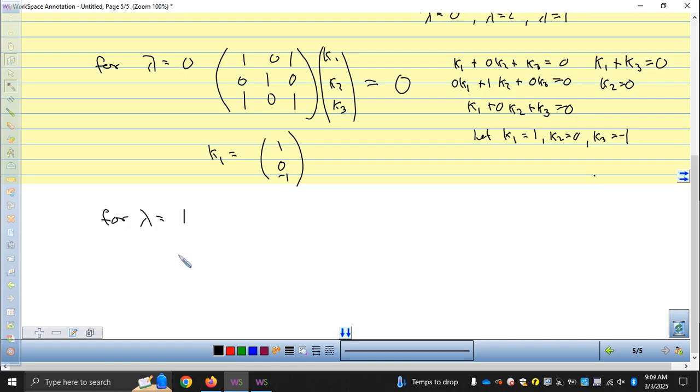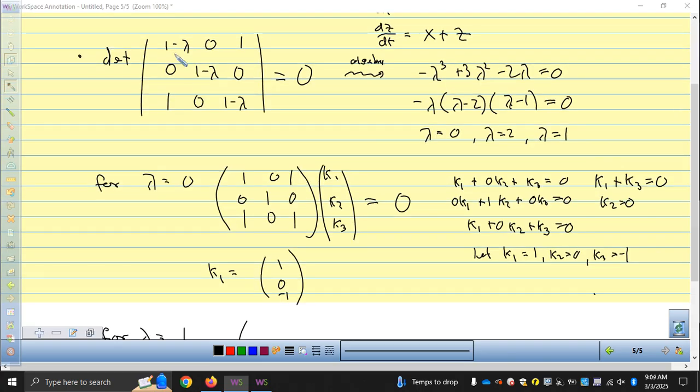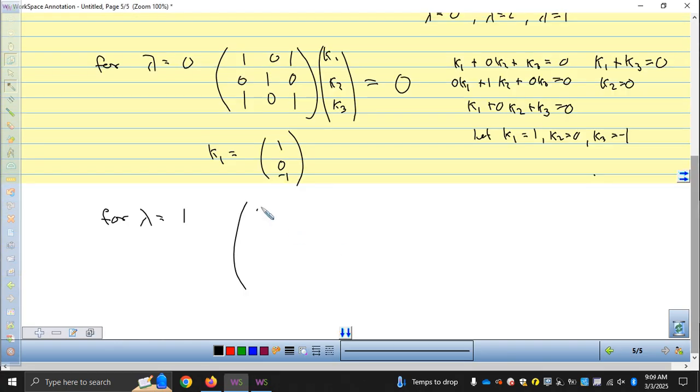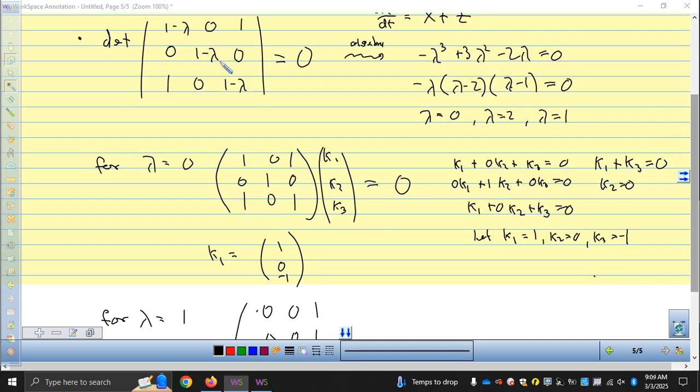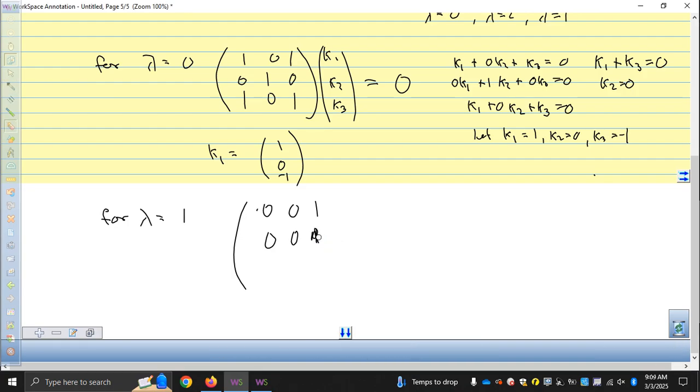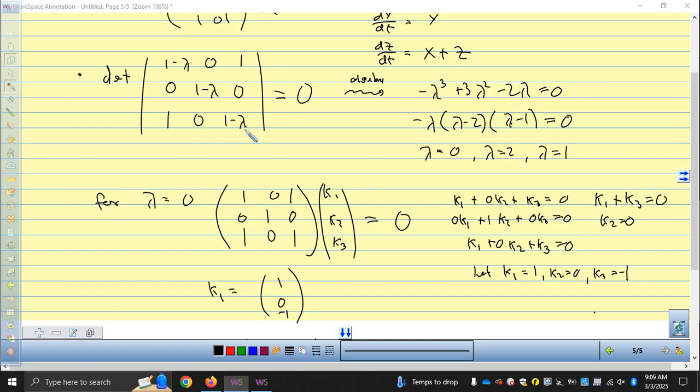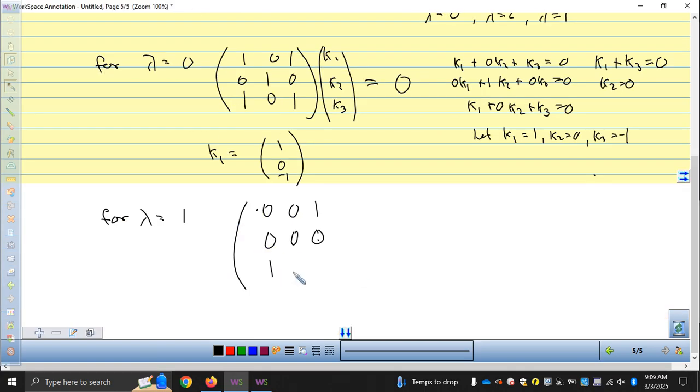For lambda equals 1, our equation becomes, here we get 1 minus 1, so I get 0, 0, 1; 0, 0, 0; 1, 0, 0 times k1, k2, k3, and that equals 0.